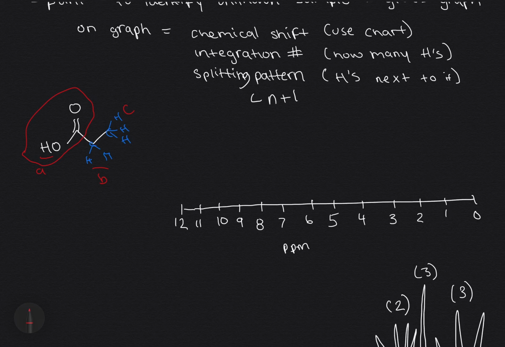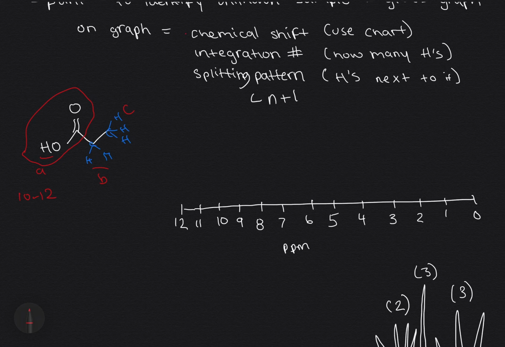So you look on your chart, that's either in your textbook, or you can just Google HNMR chart, and it's going to give you all the proton chemical shifts. You can probably use any of them, but you look on there, you just identify your group, what kind of hydrogen it is, and for this you'd see a carboxylic acid is really from about 10 to 12 is where you're going to see those.